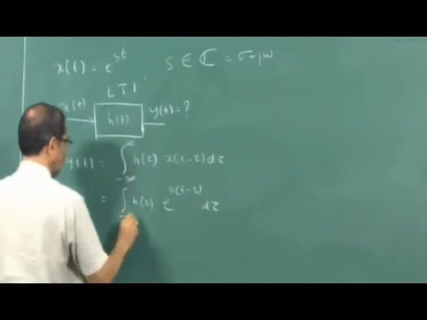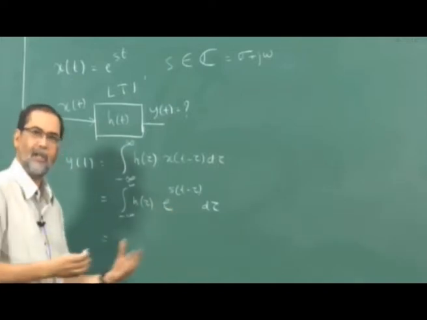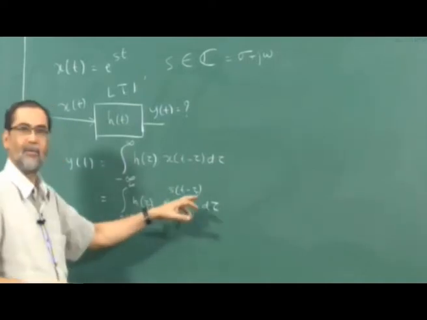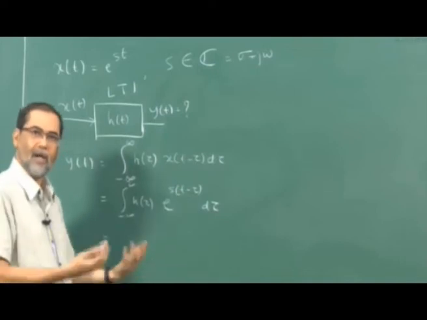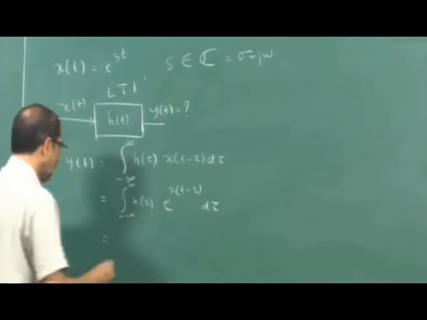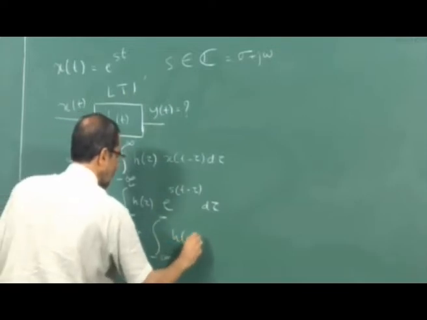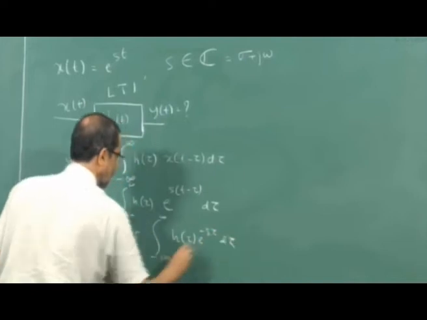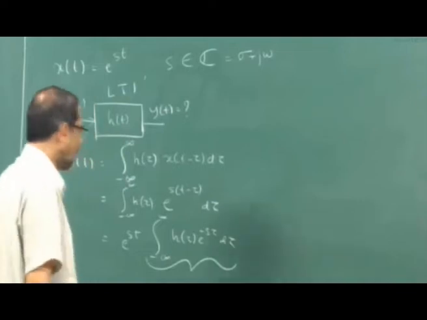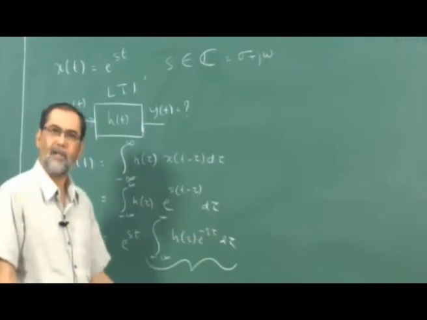This can be written as the product e raised to s t into e raised to minus s tau. e raised to s t comes out of the integration because it's only a function of t and not of tau. So you have e raised to s t times the integral from minus to plus infinity of h of tau e raised to minus s tau d tau. Tau gets integrated out because that is the variable of integration; s is the thing that remains.